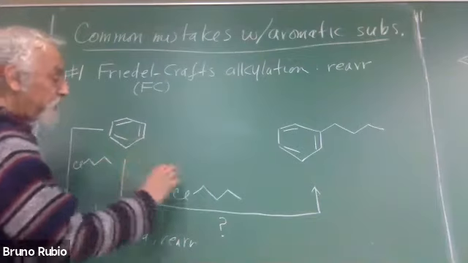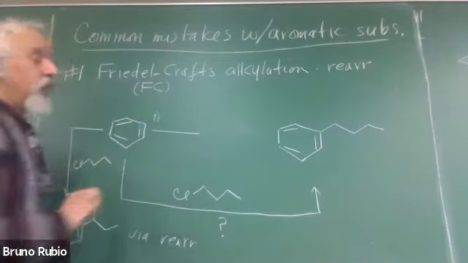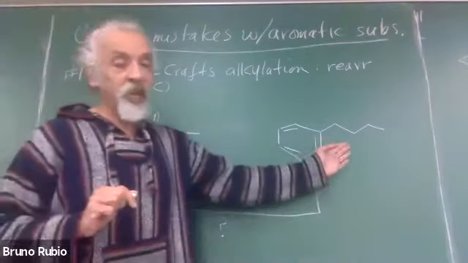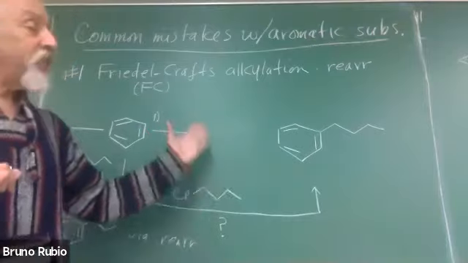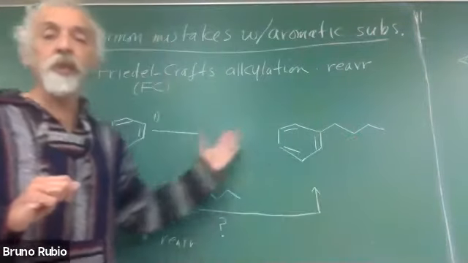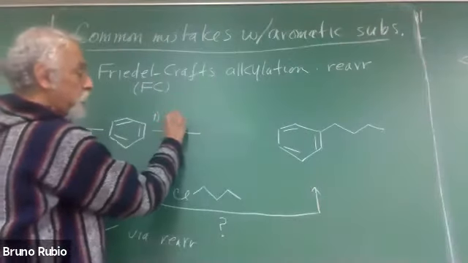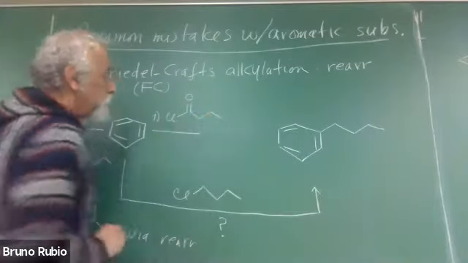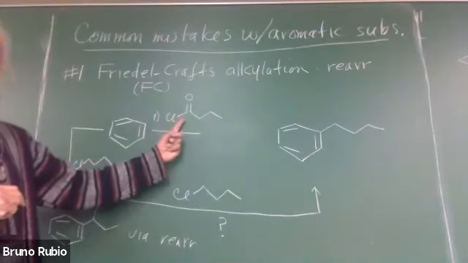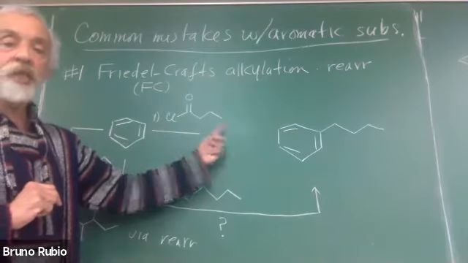So the fix is to put this chain on using an acyl chloride that has the very same chain that you're trying to put on the benzene ring. So I'm trying to put on a straight chain of 4 carbon atoms. I'm going to use this acyl chloride that has that straight chain of 4 carbon atoms that I want to add to the benzene ring.